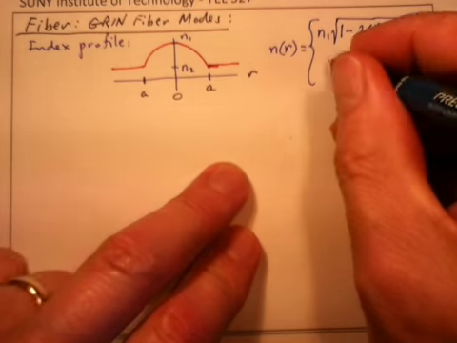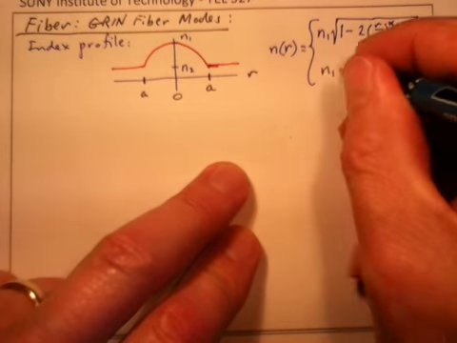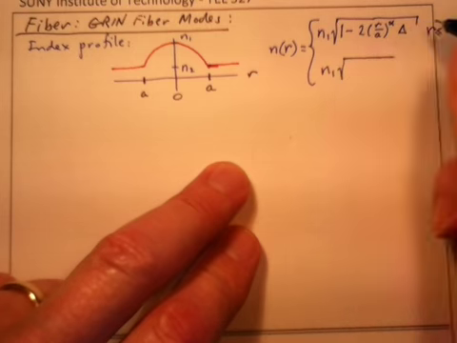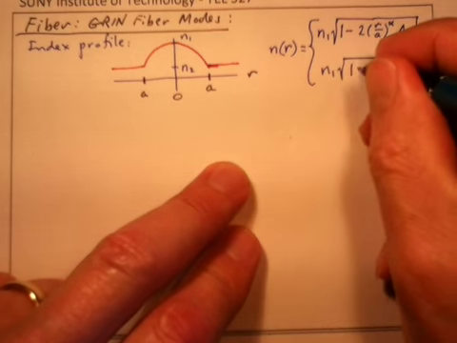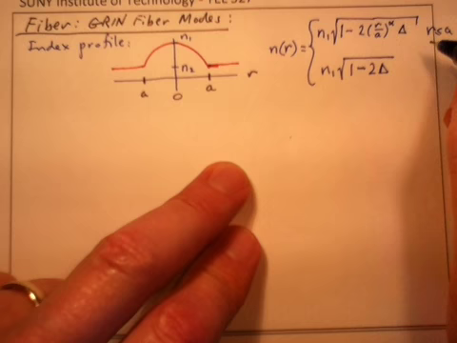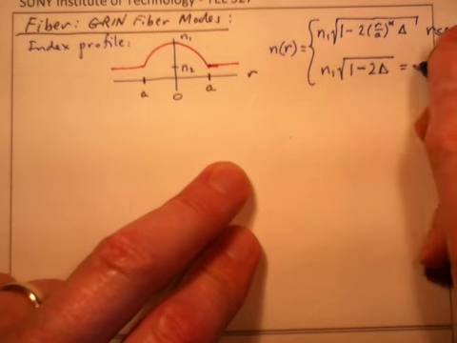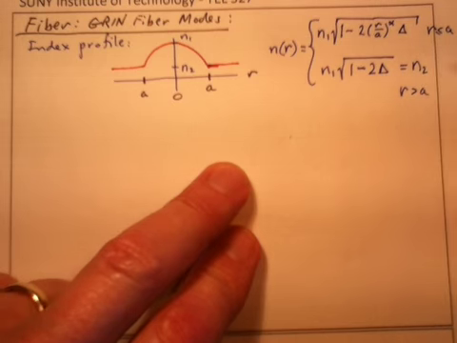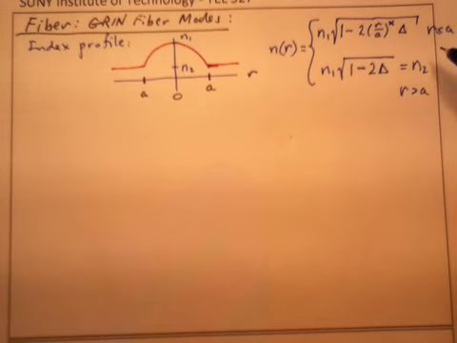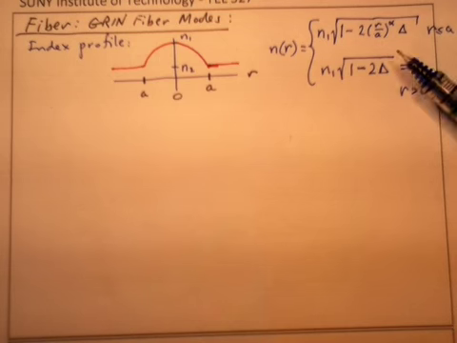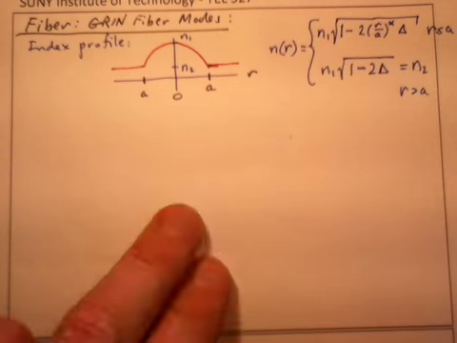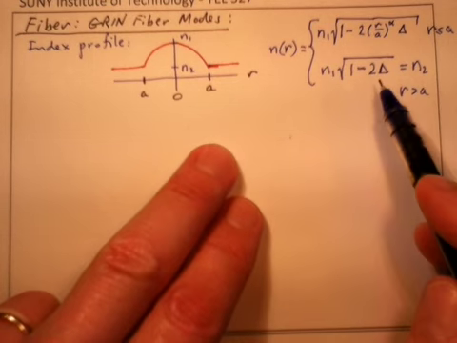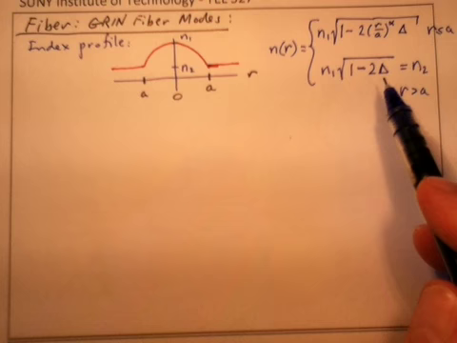And for r greater than a, we're going to have 1 minus 2 delta underneath the radical sign here, and this is going to equal n2 for r greater than a. Okay, so you can plug in the definition of delta and verify that these equations work out. You can plot that in Excel, for example, and see that it all works out.